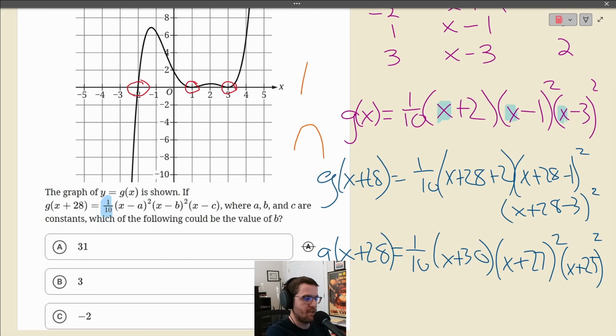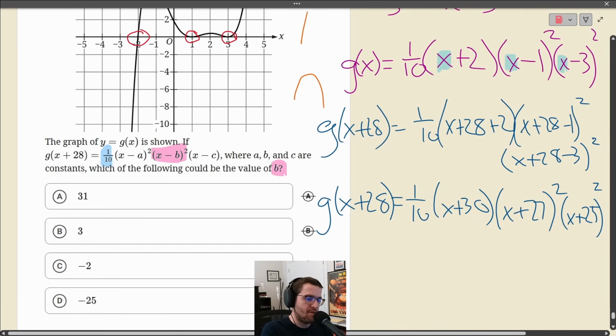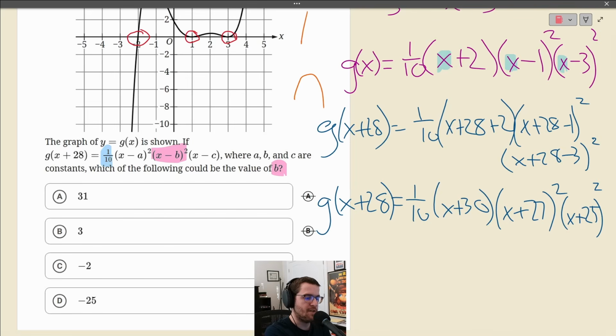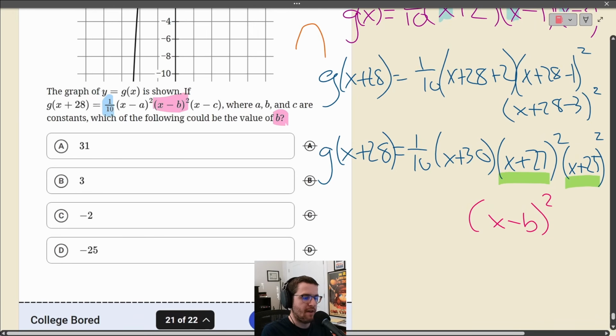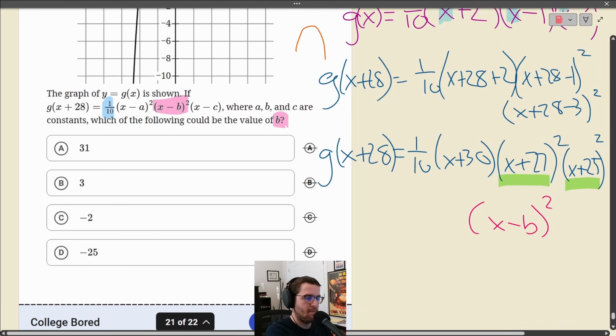Okay, so the question asks us what is the value of b, and you'll notice that is x minus b squared. So it's got to be one of the ones with powers of 2. Now lots of people would say 27 or 25, but notice how there's a minus sign here.